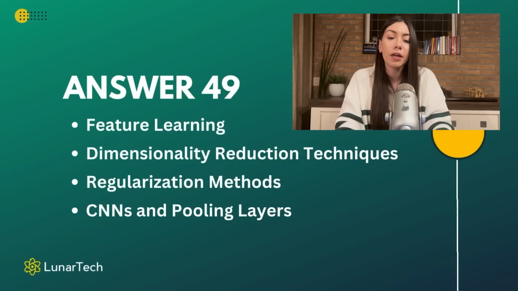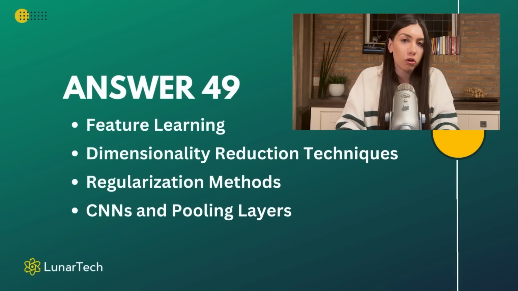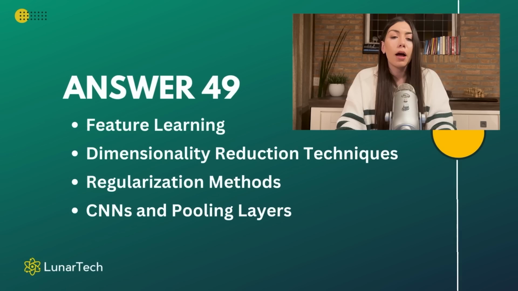So, a few ways that deep learning models can prevent this curse of dimensionality, and the way that they do not suffer from it, is by performing feature learning as part of the actual original deep learning process.